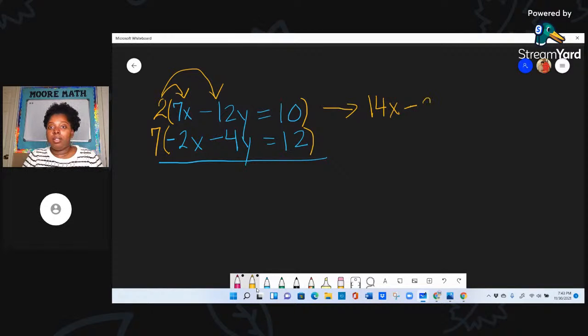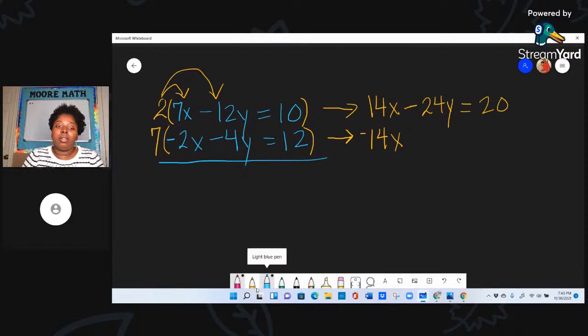Good. Don't leave off those variables. And 2 times 10. 20. Okay. So far, so good. 7 times negative 2x. Negative 14x. Okay, stop right there. Do we have opposites? Yeah.